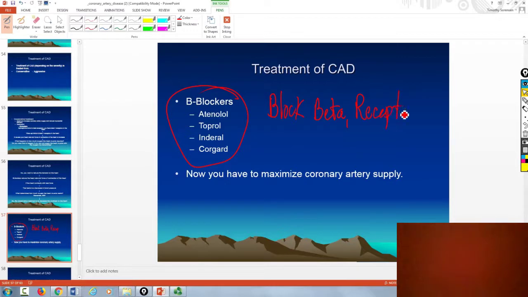Now, if you watch the video on the function of beta receptors, when epinephrine binds to beta receptors in the heart, it's going to increase your heart rate, and it's going to increase the force of contraction of your heart. And if you increase the force of contraction, then you're going to increase systolic blood pressure, both of which are going to increase the amount of oxygen required by the heart. So you certainly don't want to make your heart work hard. So by giving them beta blockers, that's going to lower their heart rate, lower the force of contraction, and lower the oxygen demand placed on the heart.